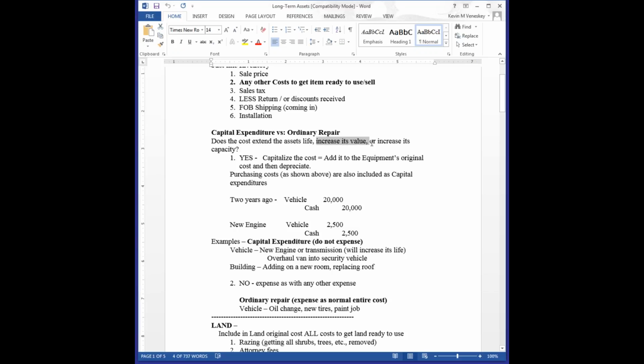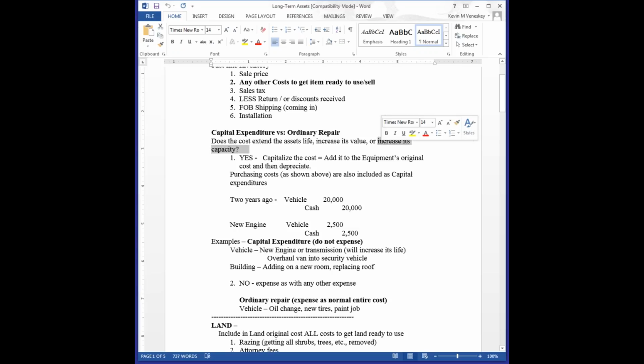We could also look at, does the engine increase the car's value? A lot of times with a big purchase like that, it would increase its value, like putting on a new roof on a home. That's going to make your home more valuable, and you'll be able to recoup some of that cost. So that would also be a yes. So even if I didn't answer yes to the first, I got a yes here. Therefore, I've got 2 yeses, meaning this is almost definitely a capital expenditure.